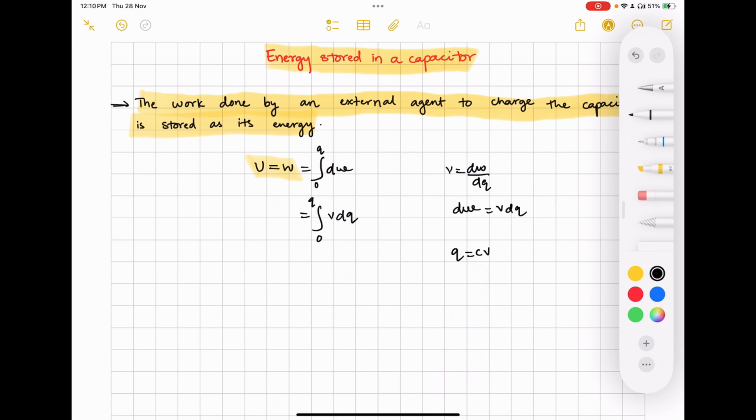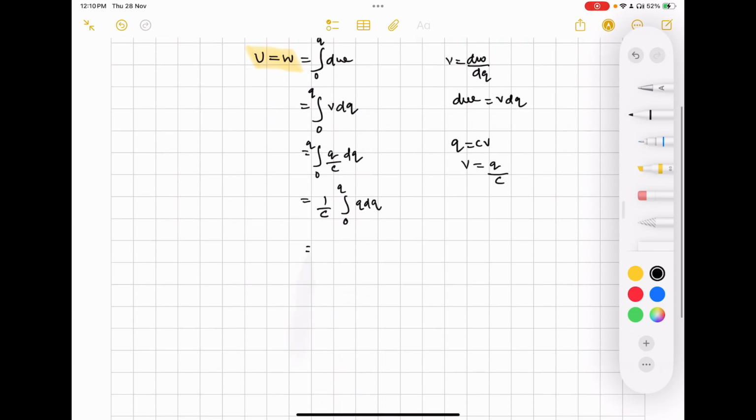So we can replace V by Q by C: integral 0 to Q, Q by C into dQ. We can take C outside, and integral 0 to Q dQ. The answer will be Q square divided by 2C.